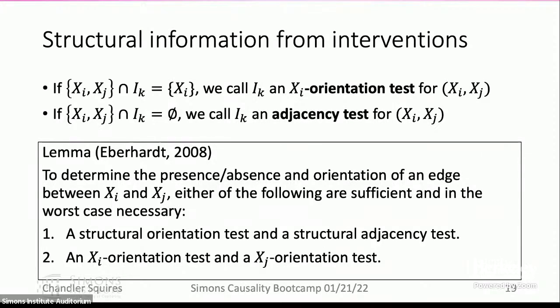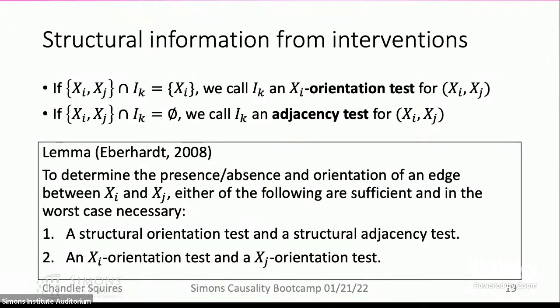Another way that we can obtain this information is by having an orientation test on each of the variables. So if you imagine, I have xi goes to xj. I want to determine between these three possible graphs.